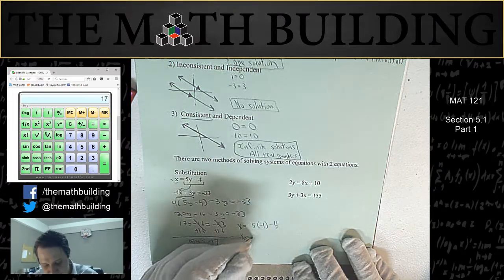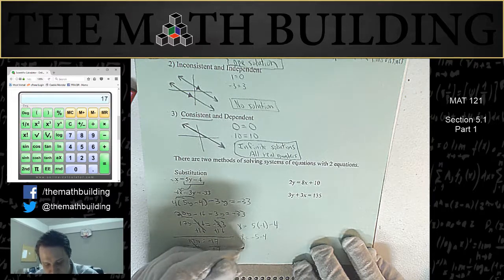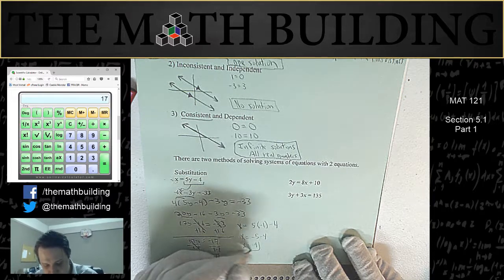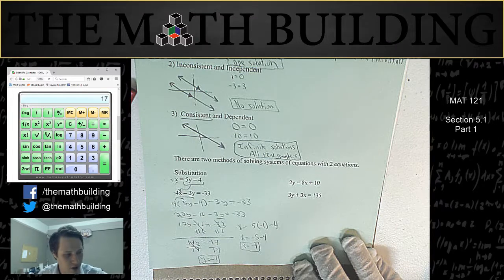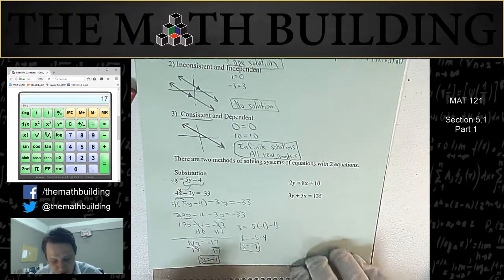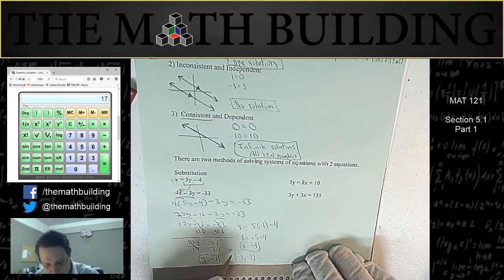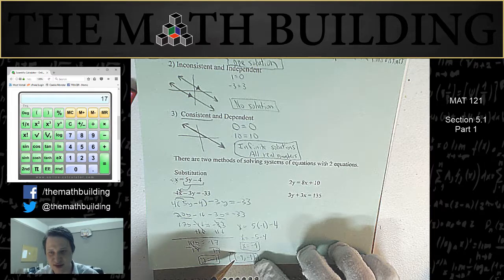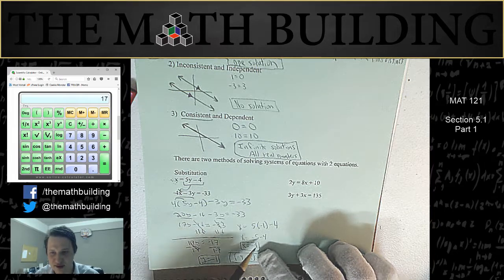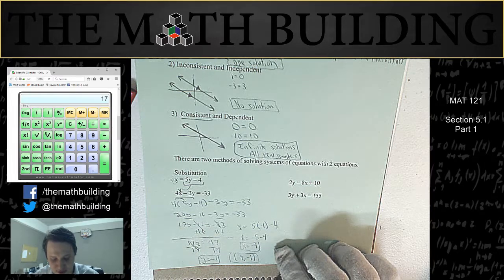That gives me negative 5 minus 4, so x equals negative 9. All right, so that's the answer. And you can rewrite this as negative 9, negative 1. It might be best to show the answer as coordinates, (negative 9, negative 1), but it's okay to say x equals negative 9, y equals negative 1.